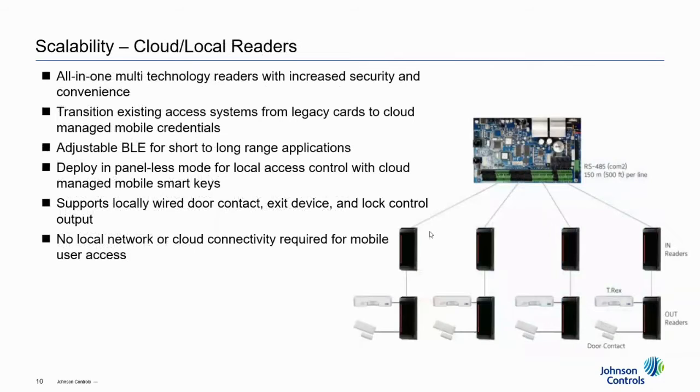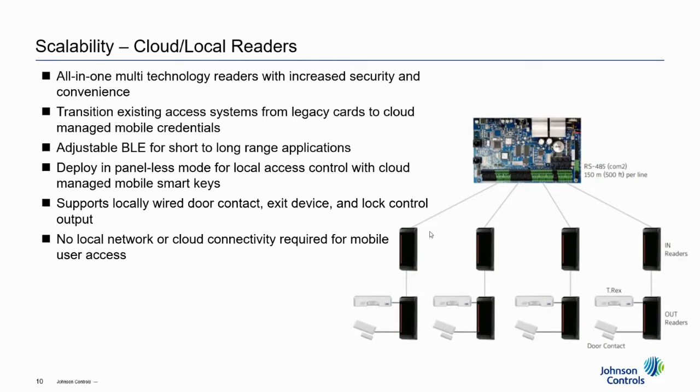Then, depending on the size, we also have a reader that is both cloud-based and can also be deployed as a traditional local reader. We have this iOS Smart Reader, with a built-in BLE, which is Bluetooth, for us to communicate with our mobile app.